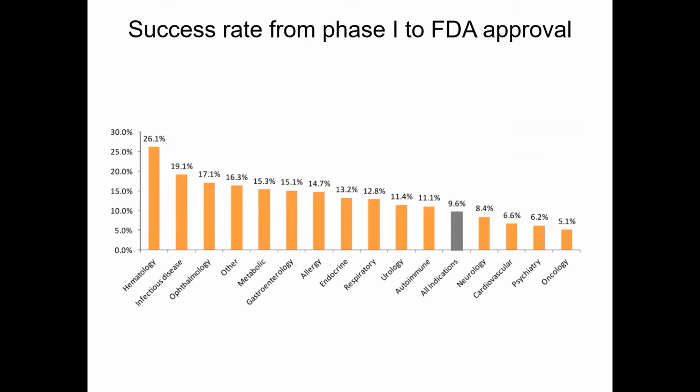This slide shows the drug success rate from phase 1 to FDA approval according to disease category. As you can see, the drug success rate in neurology is low, and it becomes even lower in the neurorehabilitation field.